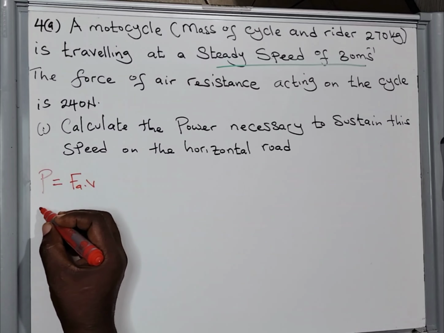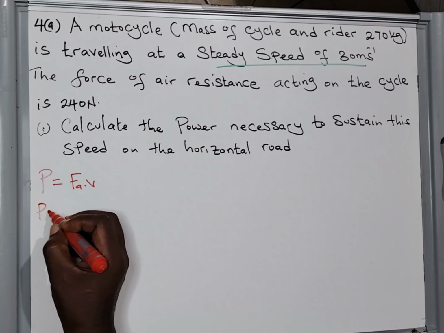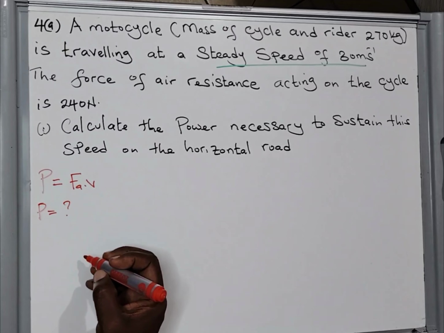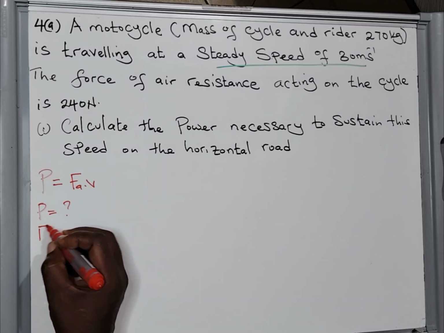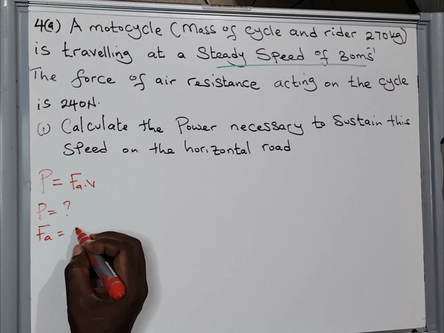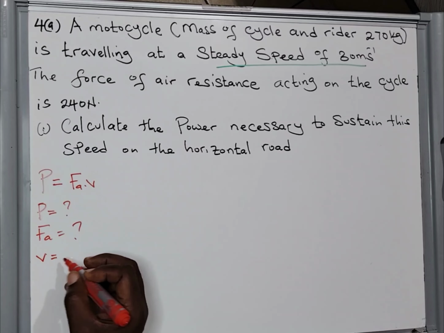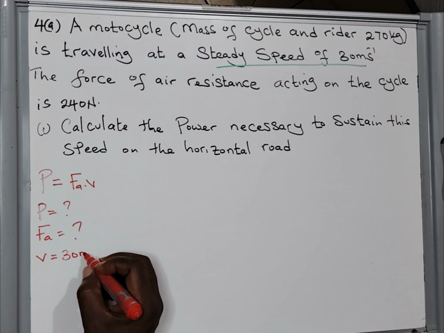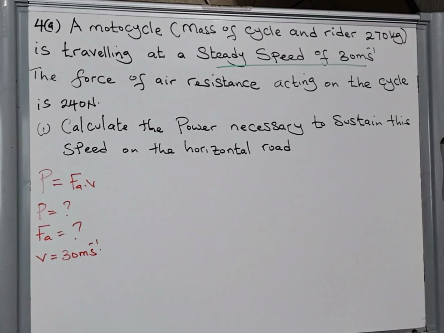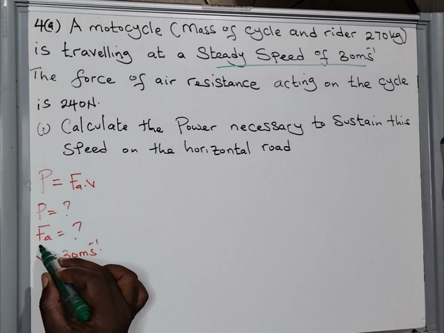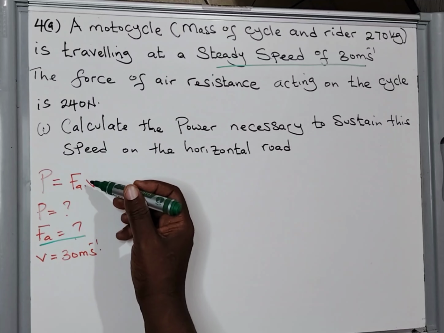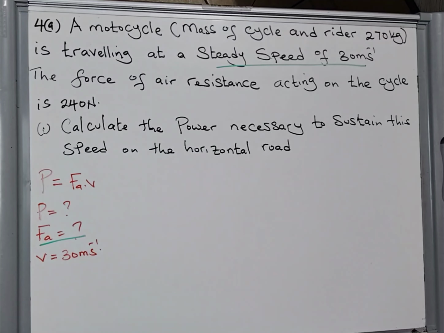We are calculating power. FA, we don't know it. But we know V, and V is 30 meters per second. So the only part which is stopping us from getting our power is FA. Once you have FA, we have the velocity, we'll have the power.